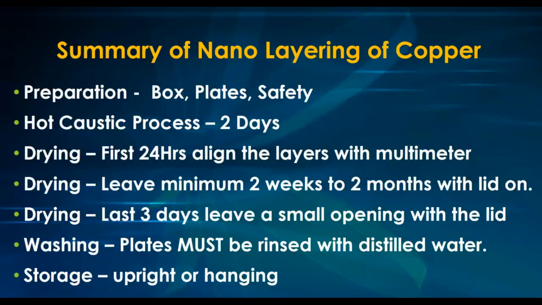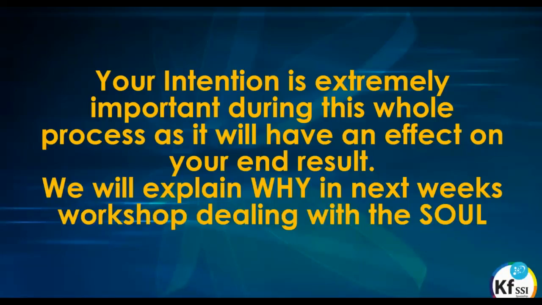You leave for a minimum 2 weeks to 2 months with the lid on, and it's only in your last 3 days where you'll have a small opening with the lid to change that transition of the environment. And your plates must be rinsed with the distilled water.